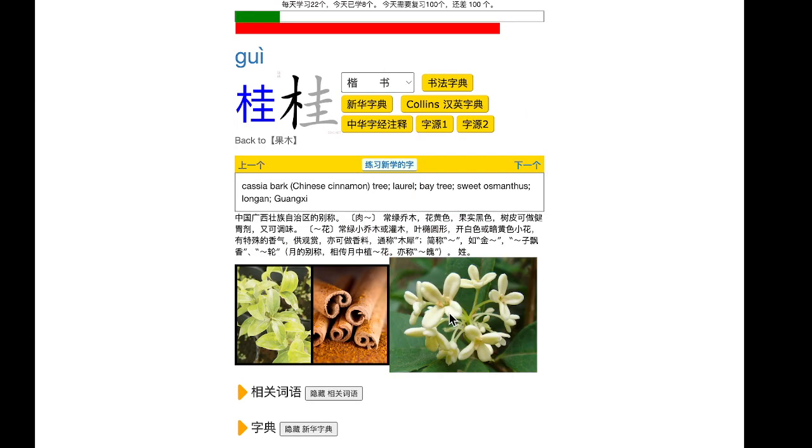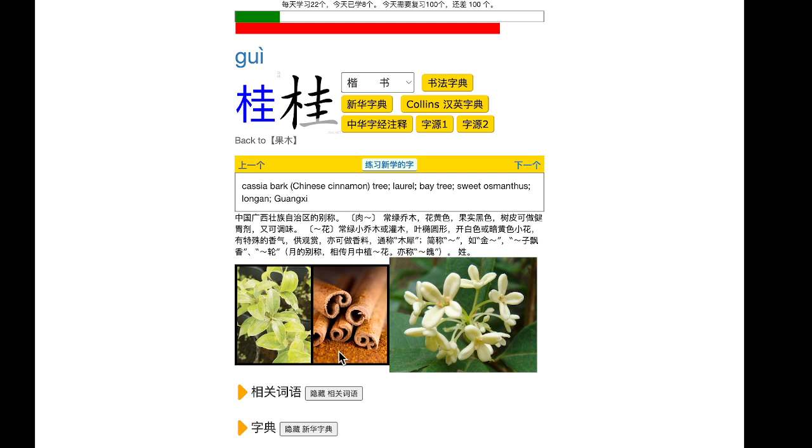Gui. This on the right is gui. So that's for the sound. Gui is a cassia bark tree. It's also called Chinese cinnamon because it kind of has a similar form when you extract the bark and use it in cooking as a spice, or it can also be ground up.